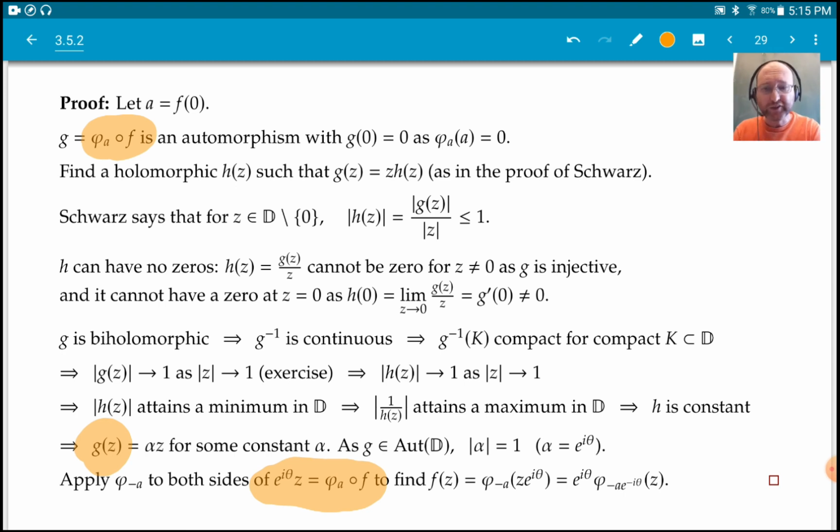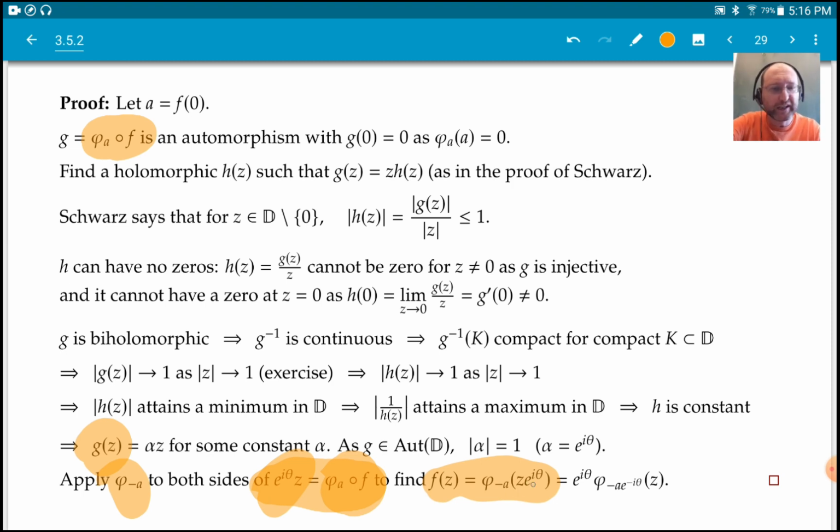Therefore, if we apply phi sub minus a, which is the inverse of phi sub a, on the right-hand side we get f. We just apply it to this side and see what we get. What we get is this formula over here, and a little bit of computation.